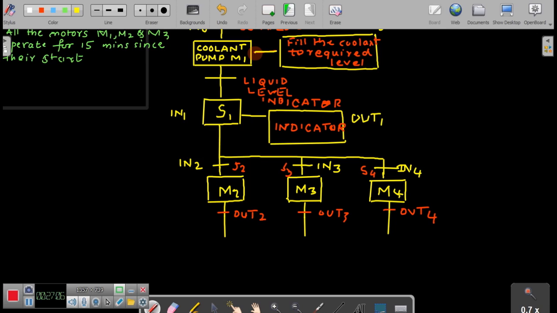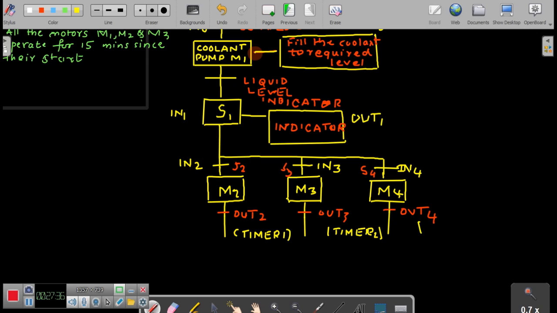So now here, after out 2, you have the timer, let me call this timer 1. Here also you can call this timer 2. If you want, you can realize all these operations with the help of a single timer also. That is also possible.